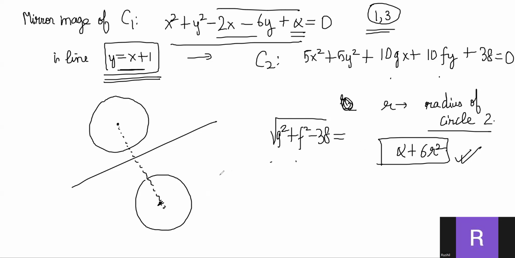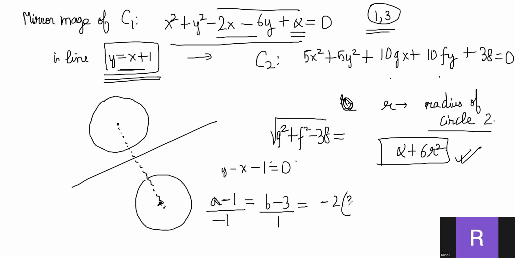We can write the line as y minus x minus 1, and then we'll assume that the mirror point is, let's say, some a comma b. Then for the point, it will be a minus 1 by minus 1, and then b minus 3 by 1 is equal to minus 2 into putting the point in the line equation.